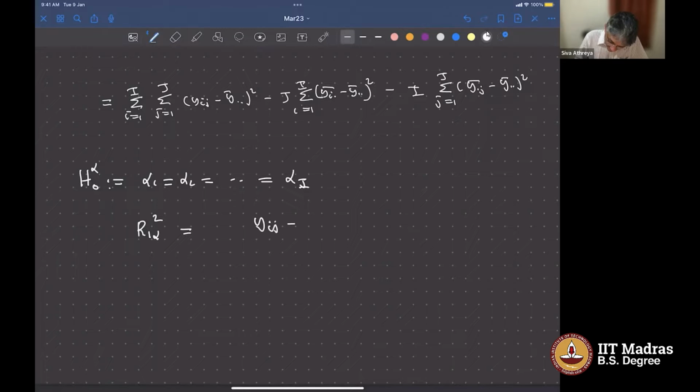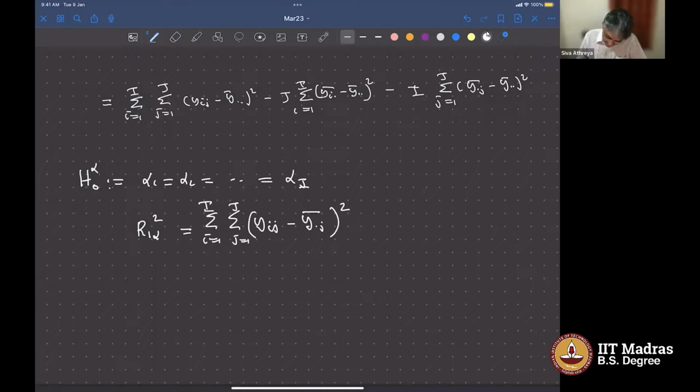That is equal to the sum from i equal to 1 to I, sum from j equal to 1 to J, of y_ij minus the mean, always subtracting the block out, whole squared. And this you can rewrite in a different way.